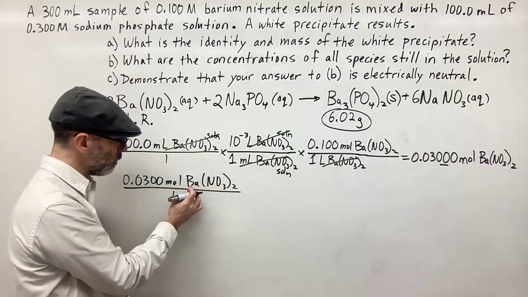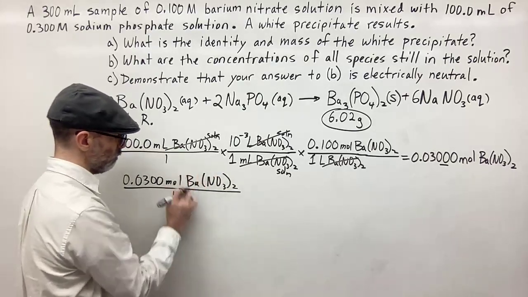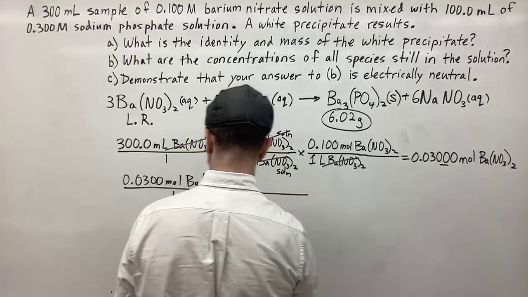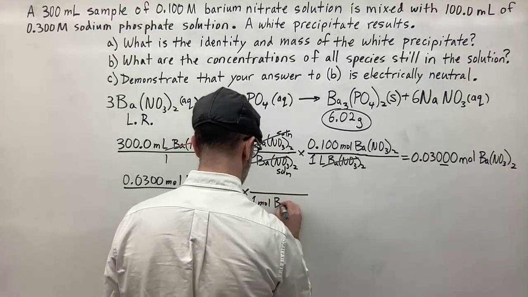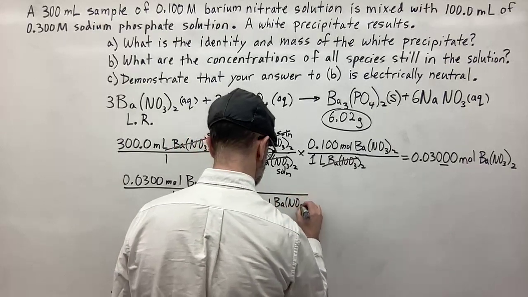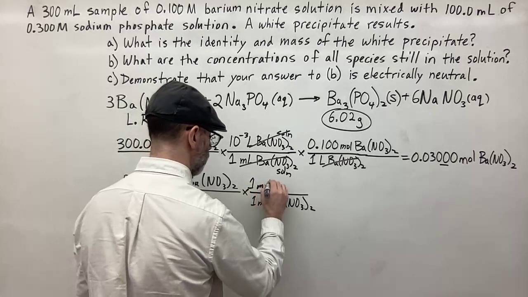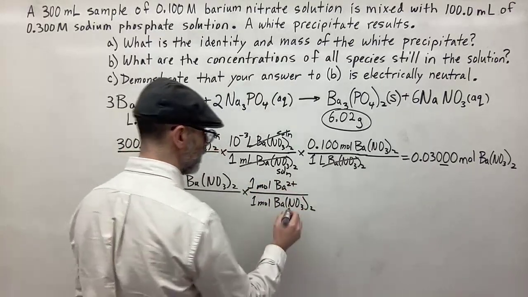So it's a 1-to-1 mole ratio. So you have 1 mole of barium nitrate on the bottom and 1 mole of barium 2 plus ions on top.